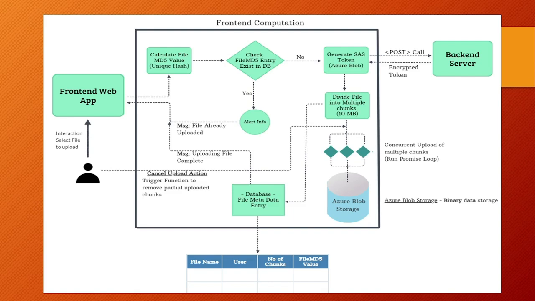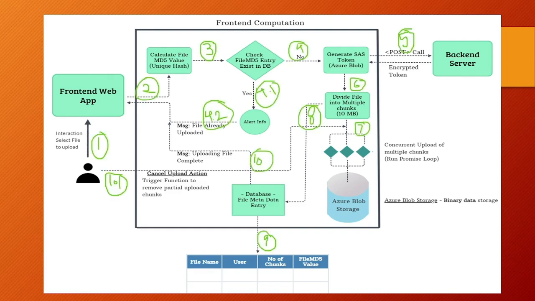In between the upload, if a user wants to cancel the uploading, we can also give that functionality. Something we can use in our code is called an abort controller, which I will show you in the low level design. Once the database entry is done, we give a message to the user that the file upload is completed.